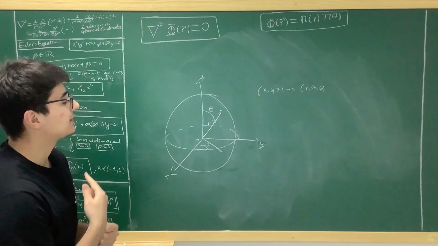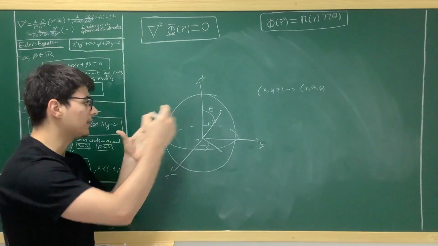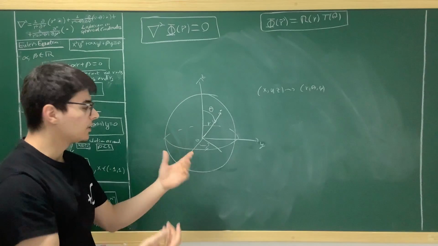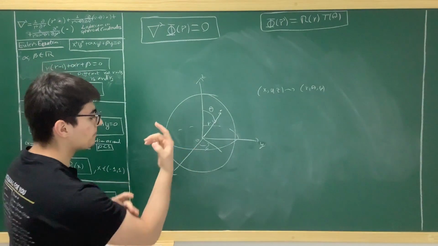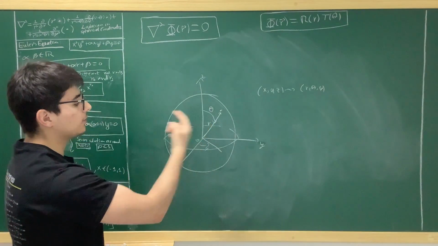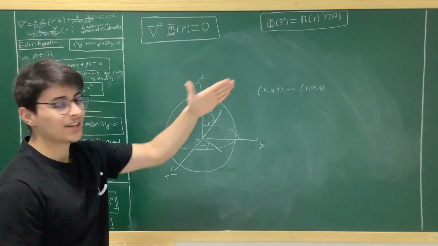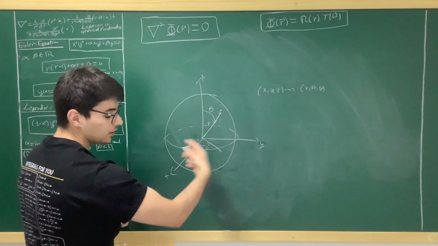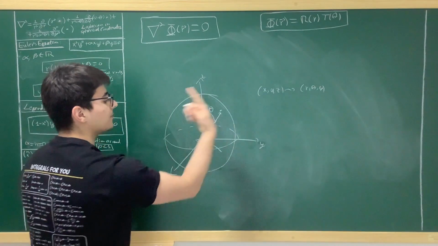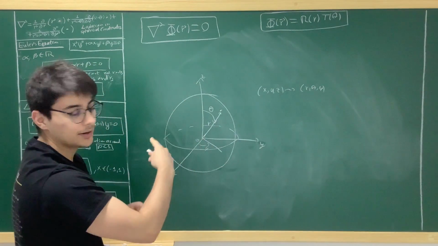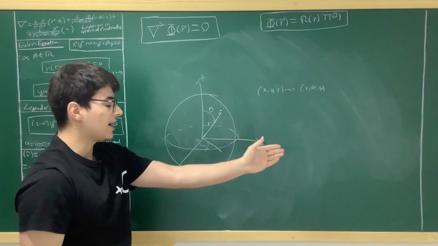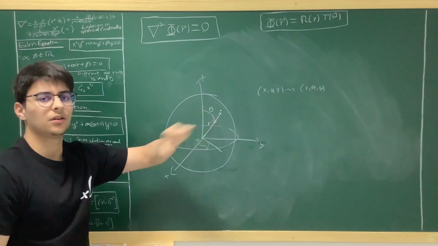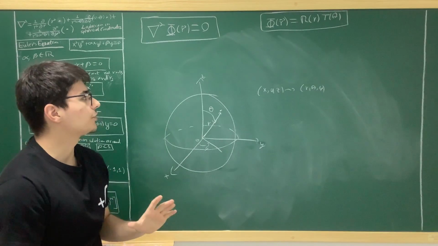That is, the potential looks exactly the same if we do revolutions about phi. That is, the potential does not depend on phi. So it doesn't matter which angle phi we have, we are going to end up with the same potential. Okay, that's what we're going to assume.